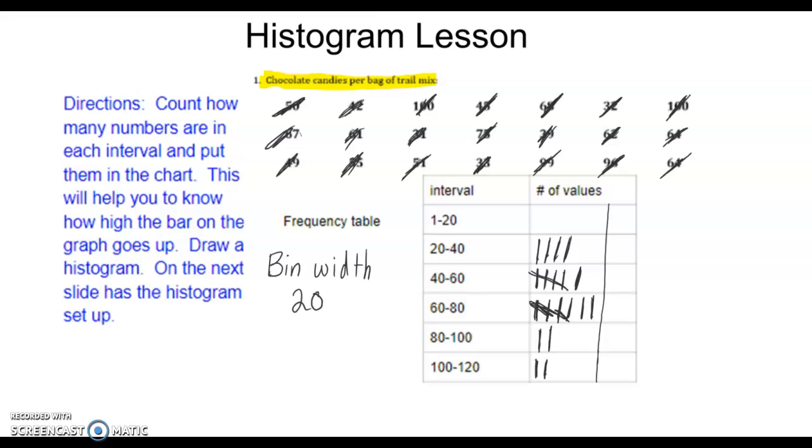So I had 4 here, I had 6, 7, 2, and 2, and 0 up here.